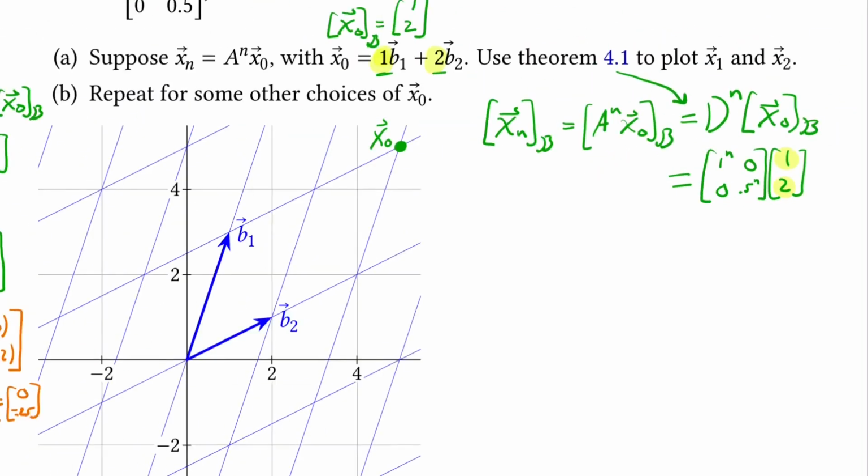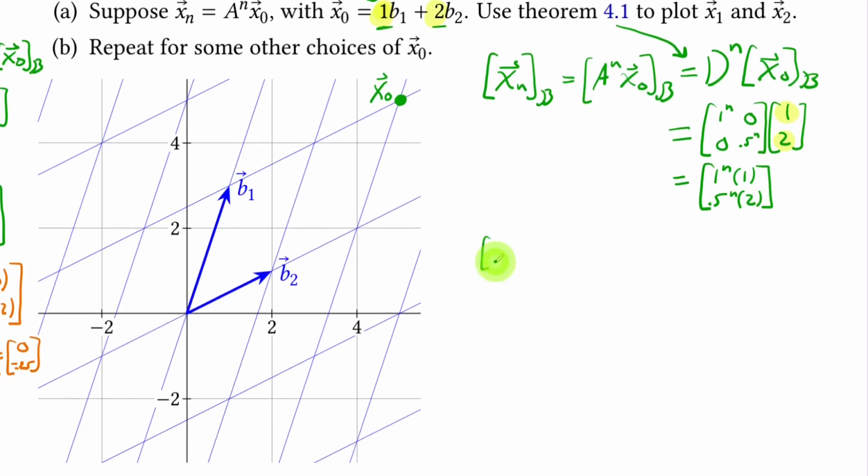And because this is a diagonal matrix, it's really simple to multiply this by the 1, 2 vector over here. We just get 1 to the power n times 1 and 0.5 to the power n times 2. So it's pretty easy to see what the B coordinates of x1 are from this.